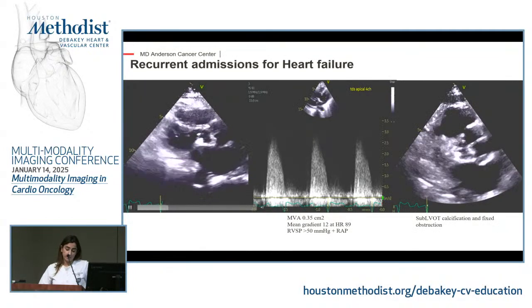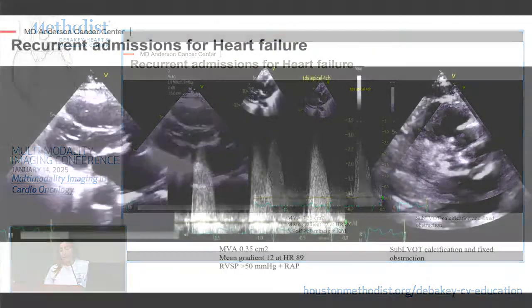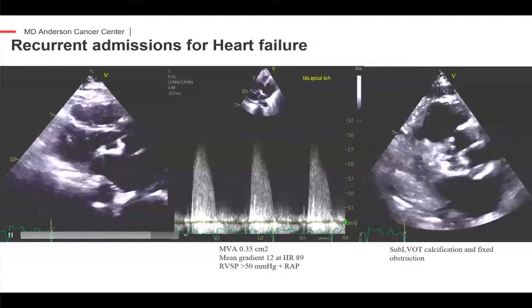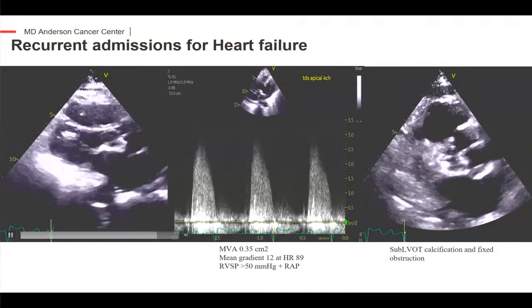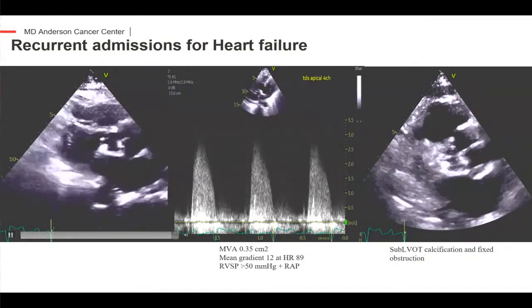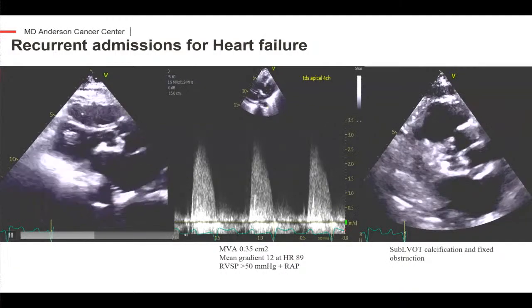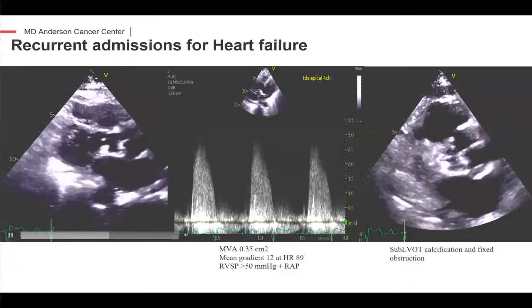But this is a patient that came to me probably 2 years ago when I first started there, with a history of Hodgkin's lymphoma and recurrent heart failure admissions. She was told that she had untreatable valve disease, and she was crying. I referred her to our valve team, and they talked to her extensively.